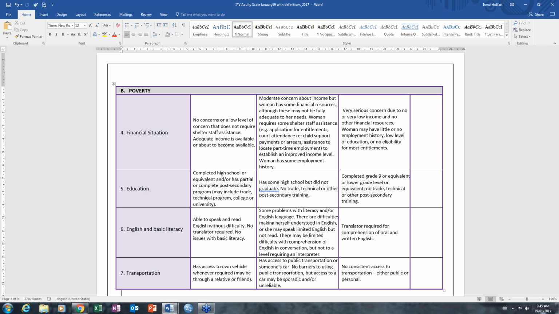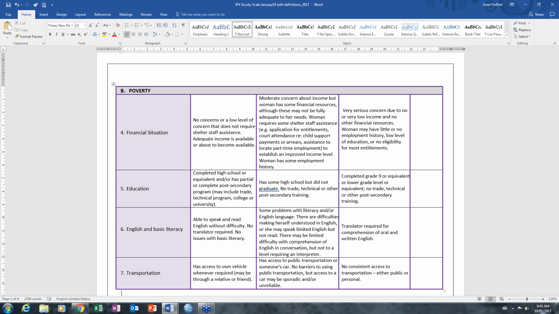So a score of 0 is no concerns at all, or a low level of concern that does not require shelter assistance. What that means is adequate income is available or is about to become available. This is the key piece here, the requirement of shelter assistance, so this is really important to note.